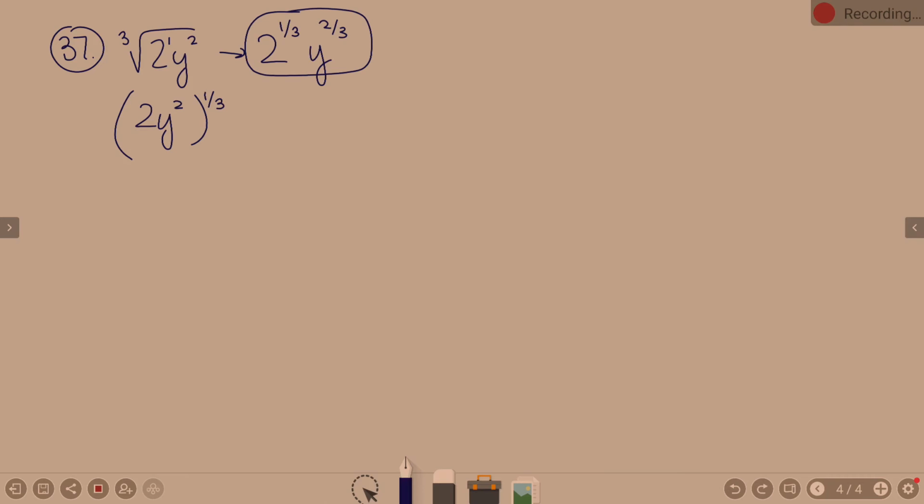I know that's how I gave it as the final answer. The idea is knowing which goes on top, which goes on bottom of the fraction. I would focus.